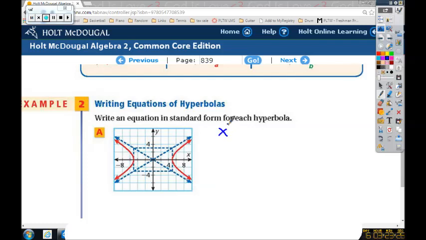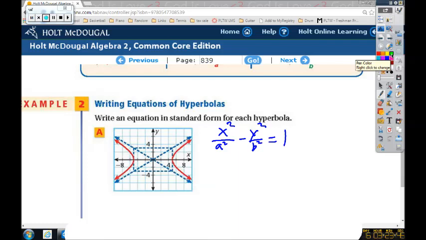We said it was x squared over a squared minus y squared over b squared equals 1. Okay, so I need to figure out, well, what is my A and what is my B?